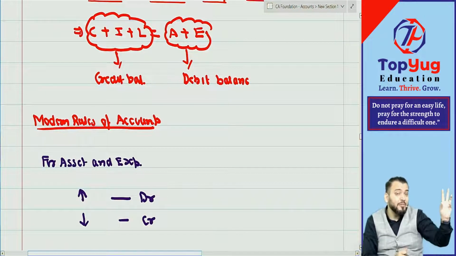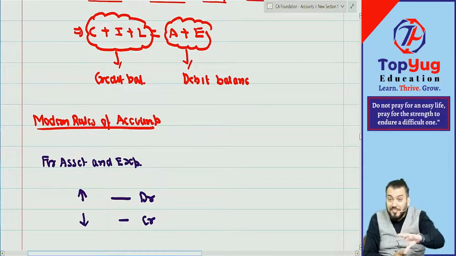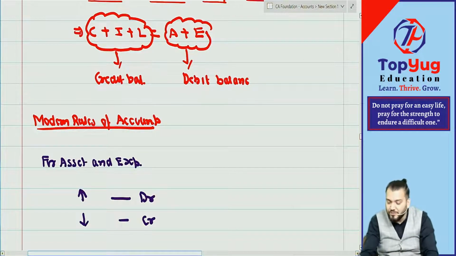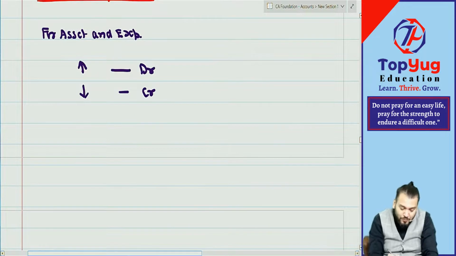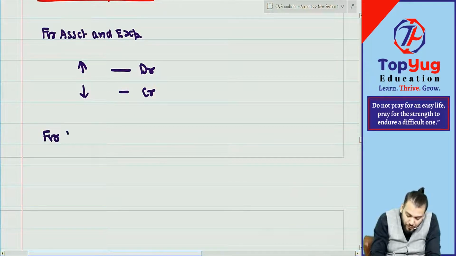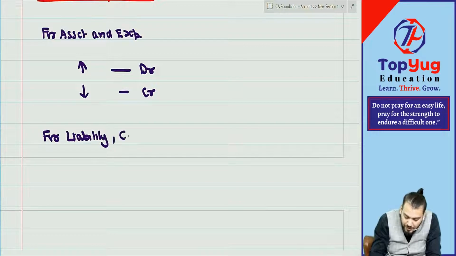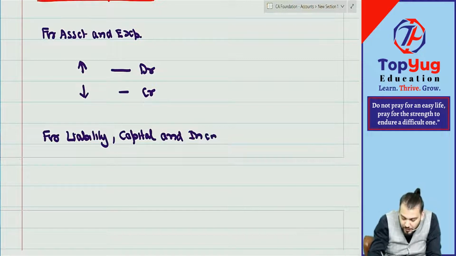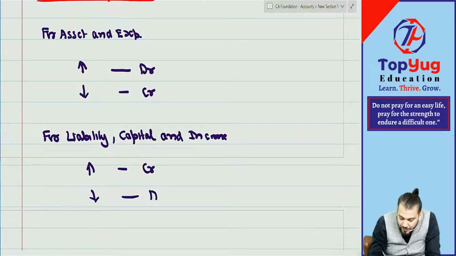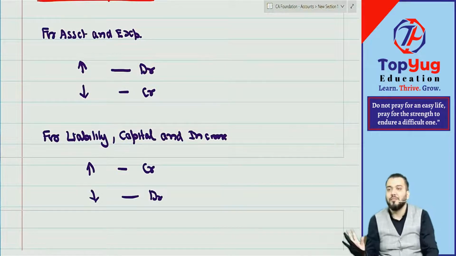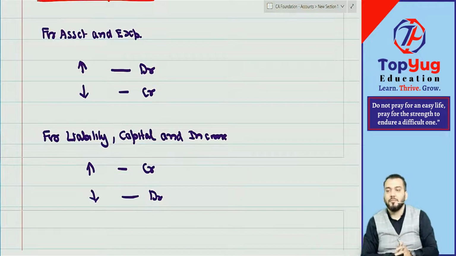I think traditionally it was for complexity. Now we are trying to simplify it. And the rules for liability, capital and income: the increase will be what? And the decrease will be what? Debit. Look, so simple.